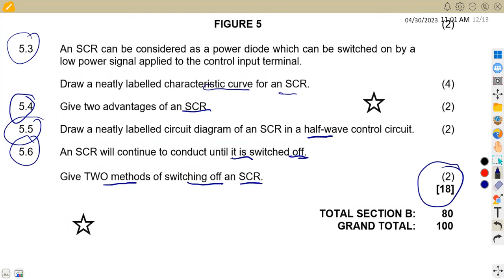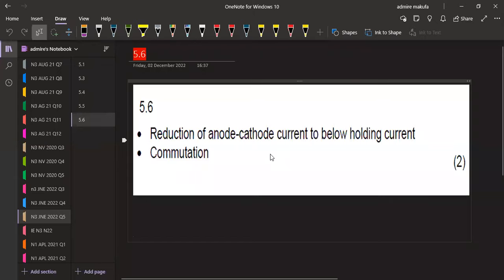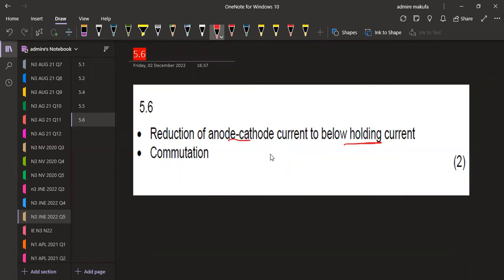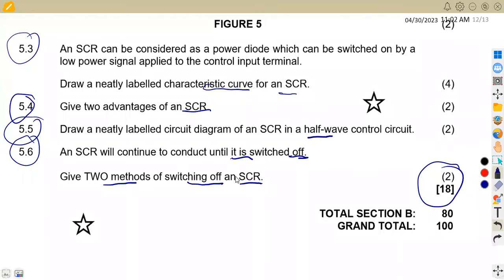So we have got the 2 major methods, which is the reduction of anode to cathode current to below the holding current, and also the commutation method. So these are the 2 major methods which are needed to make sure that our silicon controlled rectifier is no longer operating, is now switched off. That is what we have.